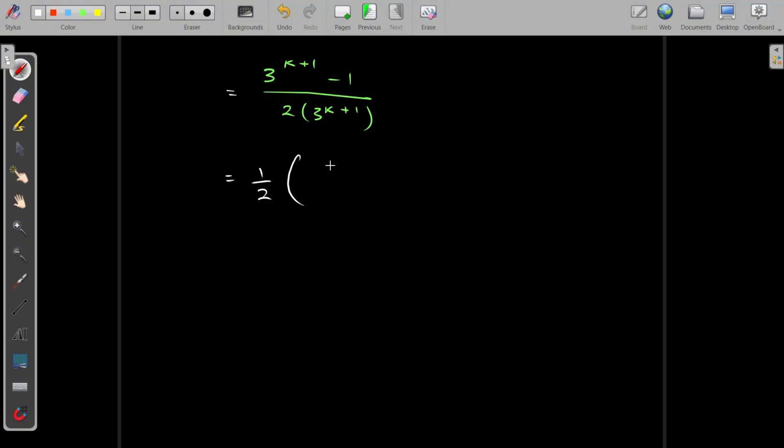So we're going to be left with 3 to the k plus 1 minus 1 over 3 to the k plus 1. Right, so after we do that, we can bring this to the numerator. So that's a half.